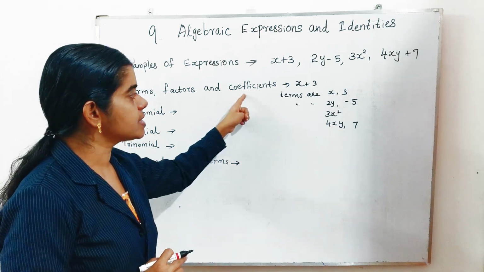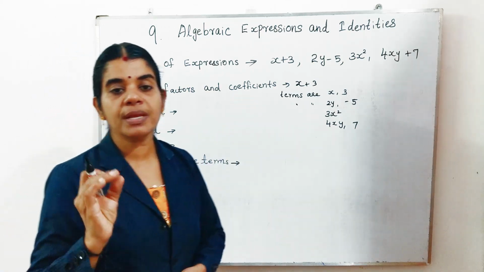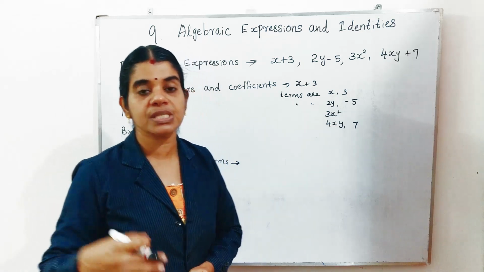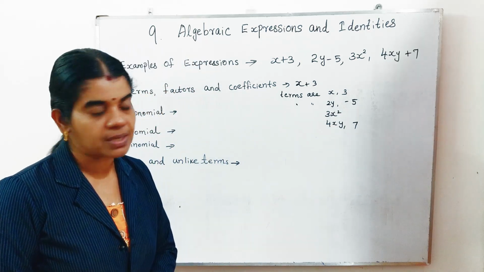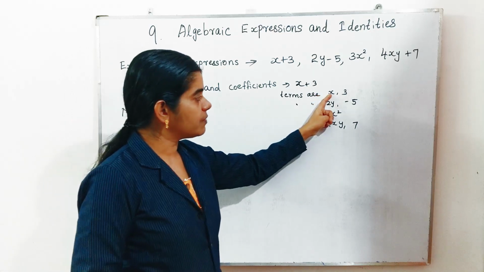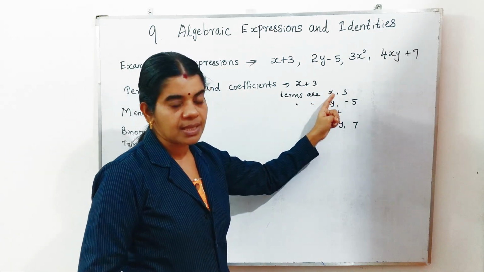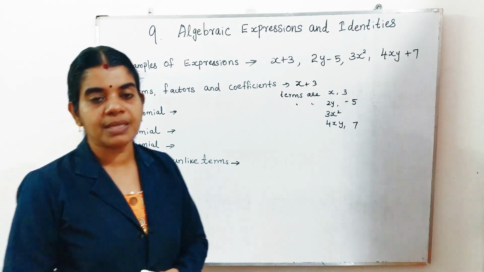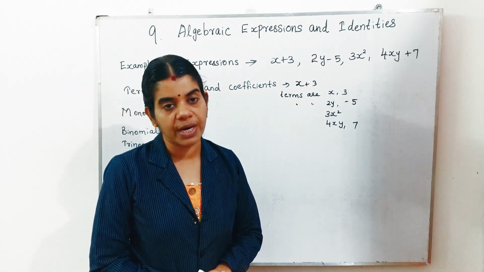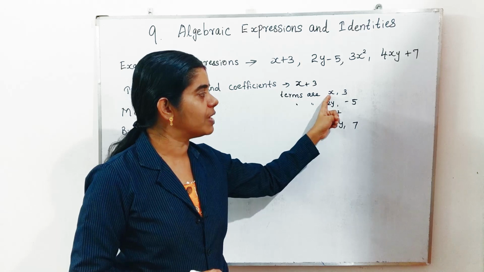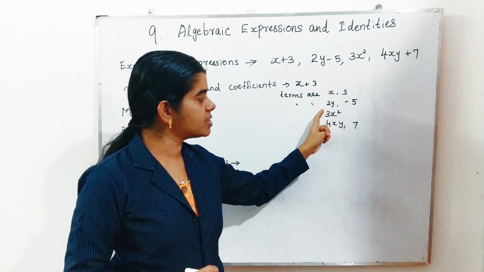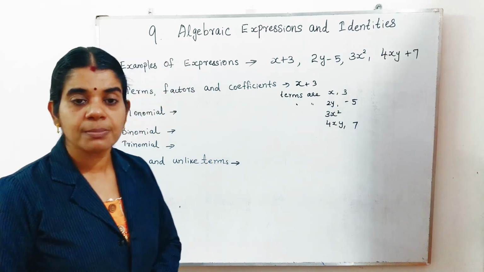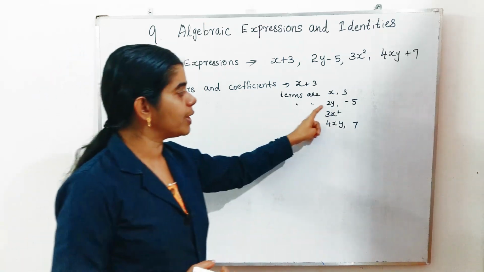Then next one is coefficients. The numerical factor of a term is known as the numerical coefficient, or simply coefficient. First we have written the term x. What will be the numerical factor? Simply x is written, so its numerical factor will be 1. So its coefficient will be 1. In the case of 2y, what will be its numerical coefficient? 2 will be its number.